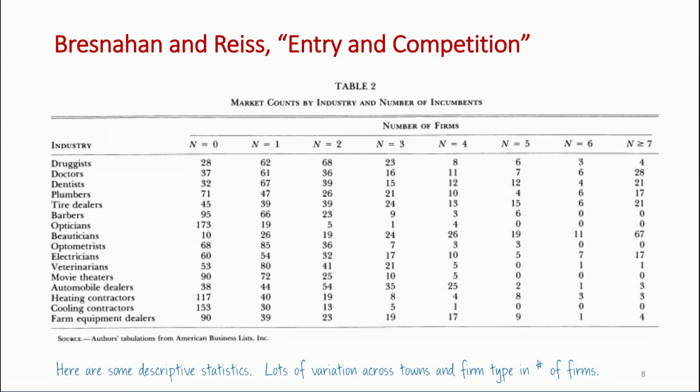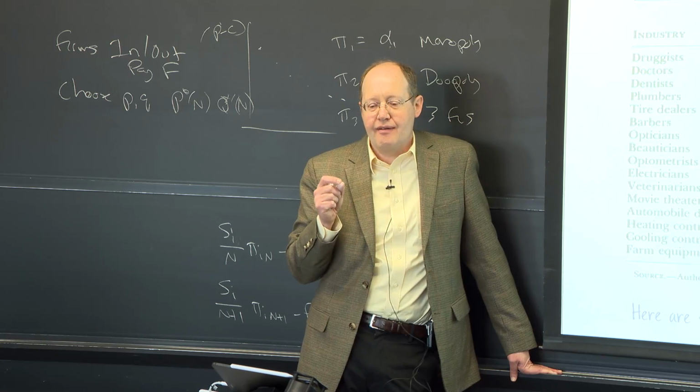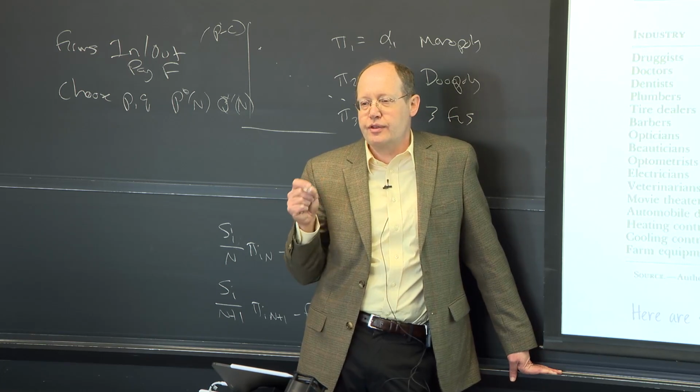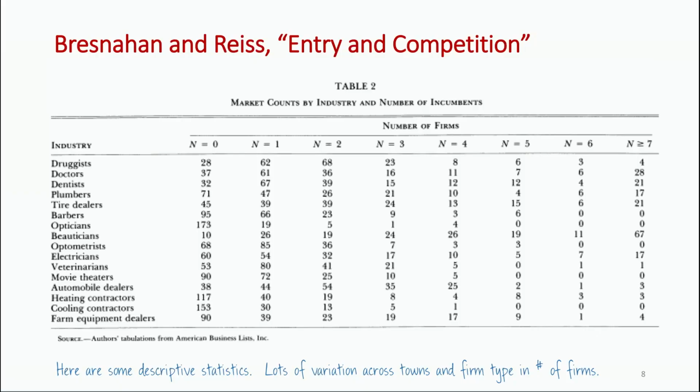There are some results in the paper about things farther down, but if you want to talk about how the competition changes with the number of firms, you want there to be a significant number of cities that have 0 firms, 1, 2, 3, 4, or whatever. And a lot of these businesses, it turns out, are apparently too big to have many of them in the towns they're working with. So they don't get much beyond N equals 2.